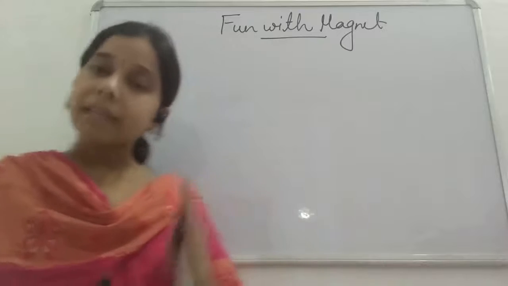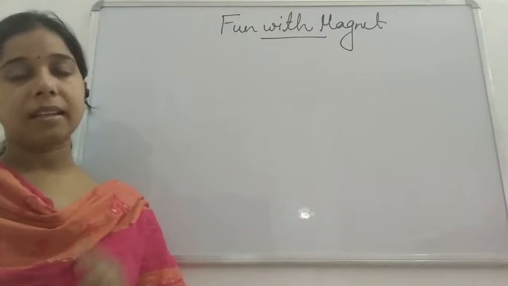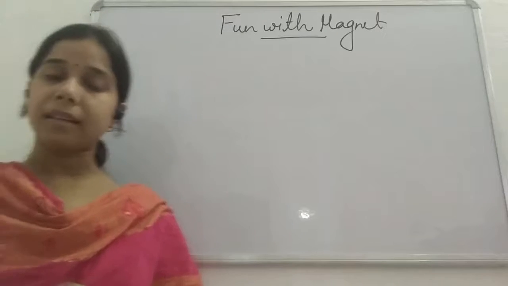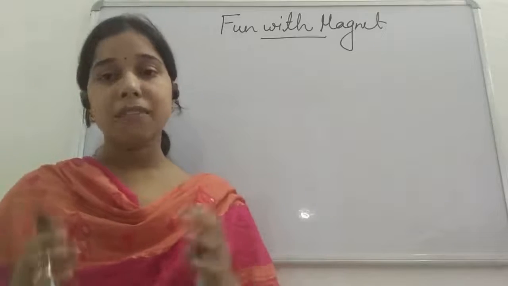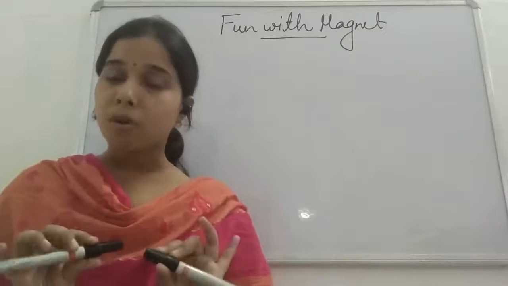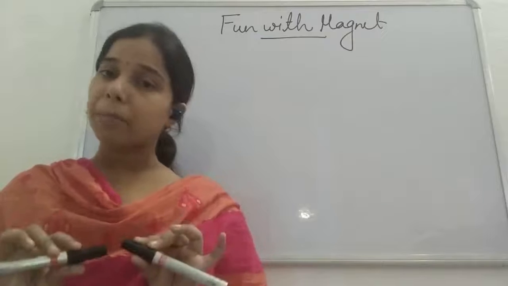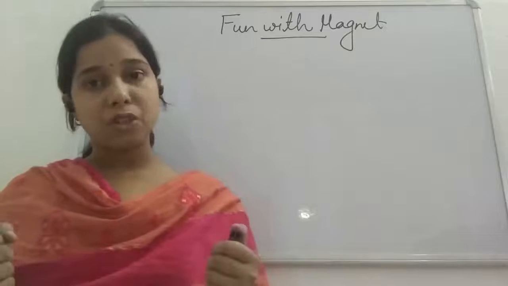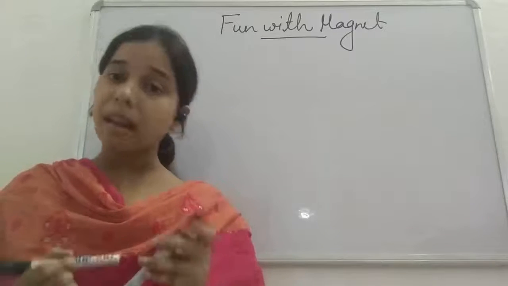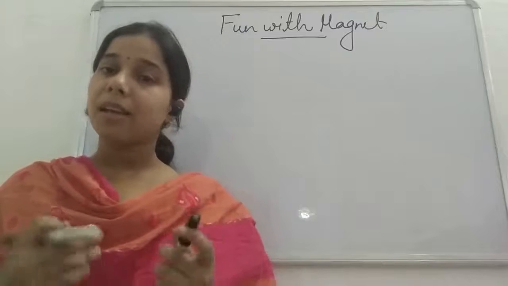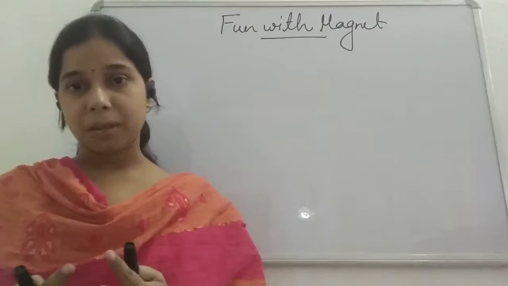Okay, the second property we have studied in the properties of the magnet is that two like poles repel each other, and two unlike poles attract each other.